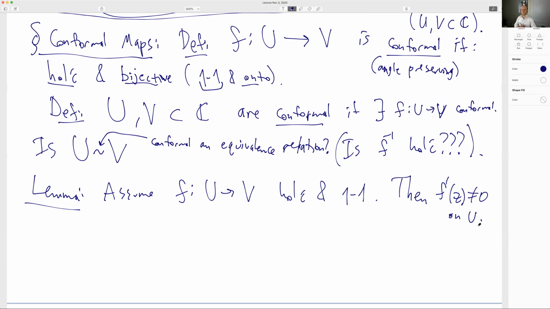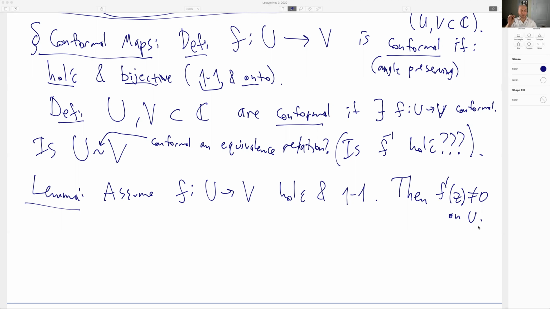Professor, is it the case that an angle preserving map is necessarily holomorphic? It is not the case that an angle preserving map is necessarily holomorphic. Let's think for a second.